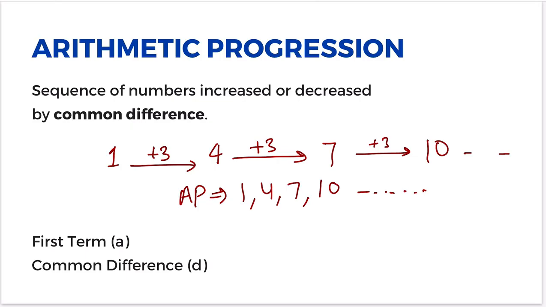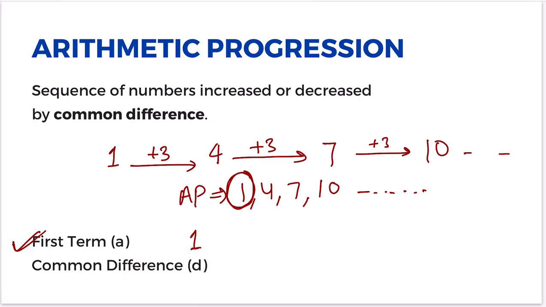Correct? Now, before moving on, you need to learn the two terms, that is the first term and the common difference. First term is just, intuitively, the first number in this sequence. So right now our first term is 1 in this arithmetic progression.